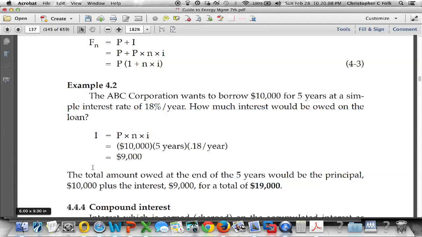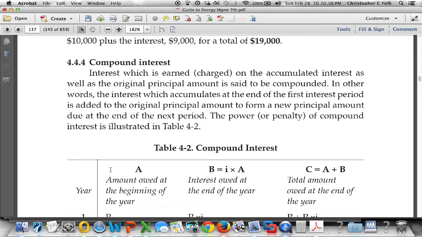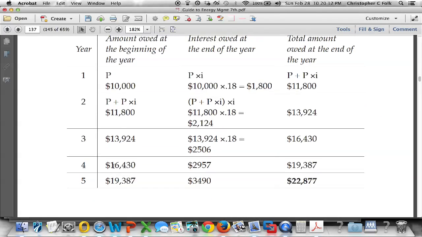So again, we'll go back to the textbook, right? With compounded interest, the first year I owed $10,000. At the end of the first year, now I owe $1,800 in interest, because I take the $10,000 times the 18% times the 1 year.